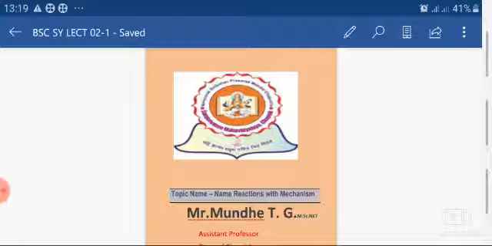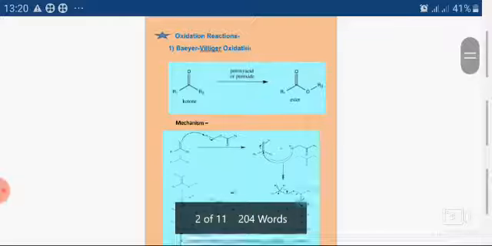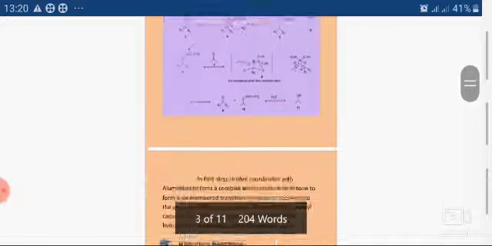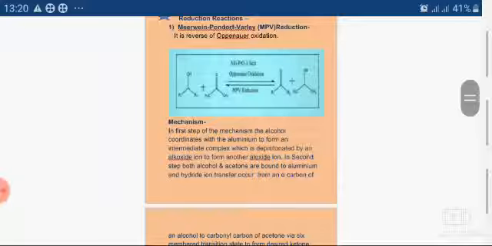Now, looking into the chemical reactions and mechanisms of both the reactions, today we will continue the next point, that is reduction reactions. What is a reduction reaction? The addition of hydrogen is known as reduction reaction.